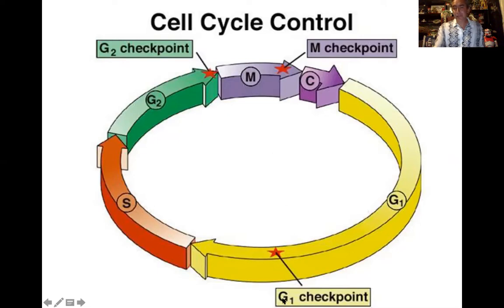So the gap 1 checkpoint is at the end of gap 1, the gap 2 checkpoint at the end of gap 2, and the M or metaphase checkpoint in metaphase. All of these checkpoints have to work properly. They have to do their job. They have to be strict. They have to regulate and not allow the cell to proceed to another part of the cell cycle if it's not ready to do so.